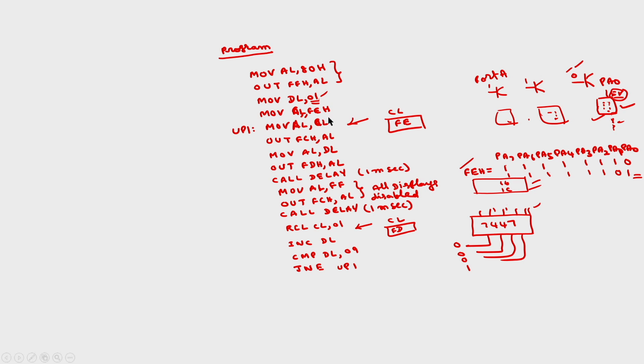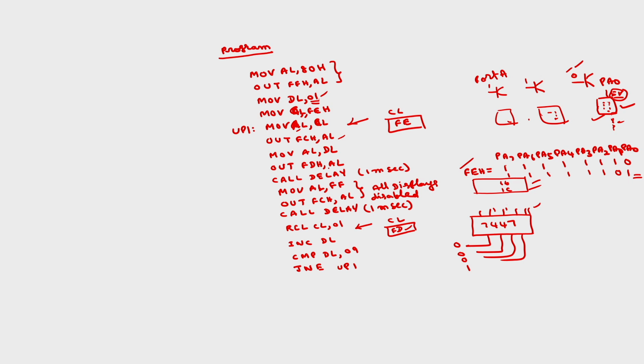Same thing, but because you are changing the CL, you have to take CL here and AL here. In CL we have the code corresponding to FD, which I am taking into AL, then I am going to output this.